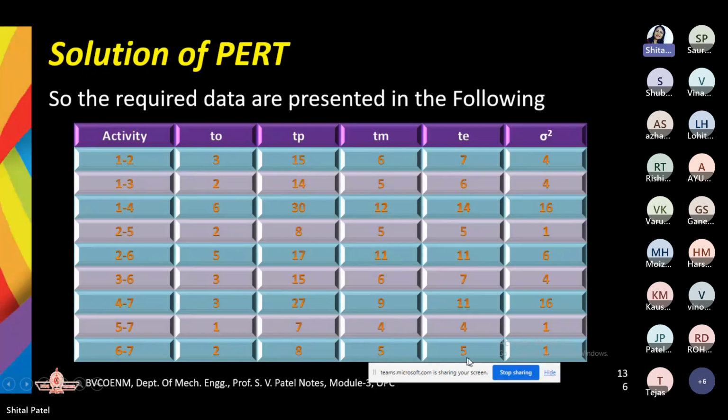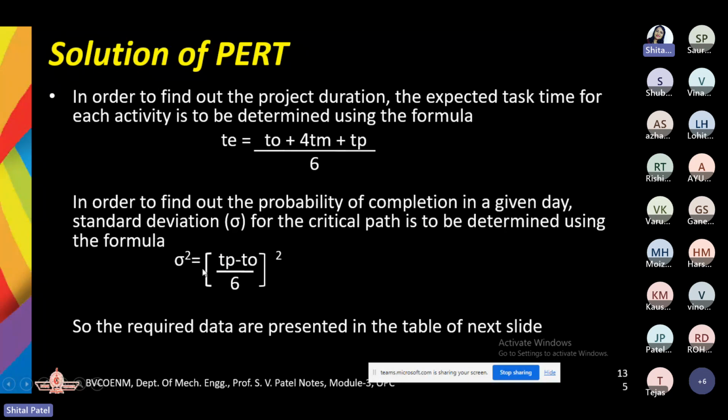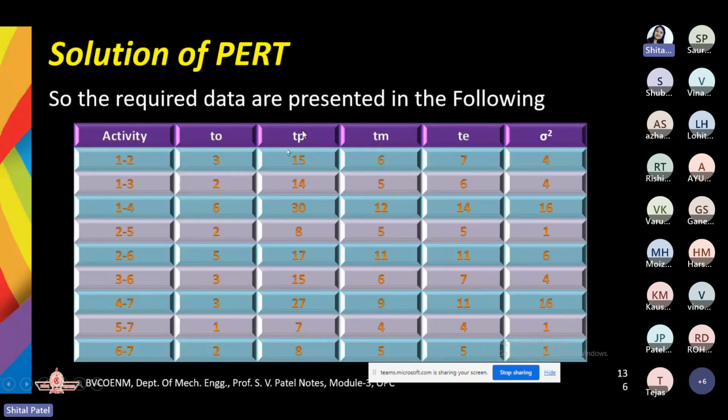Okay. Next thing is, remember this equation. Sigma square is the variance, equal to TP minus TO, divided by 6, and the whole squared. TP will always be greater than TO.